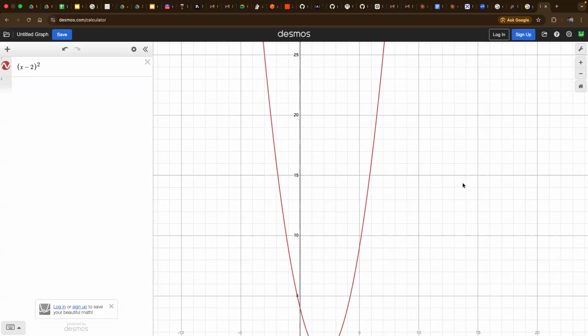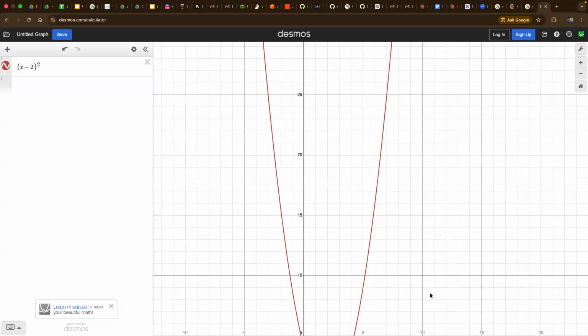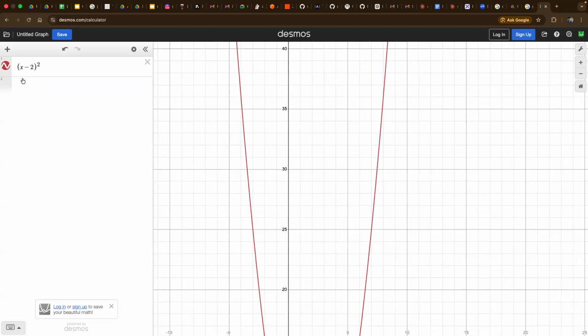Now let me visualize. If this is the loss function or error function that we are using, then it is generic.